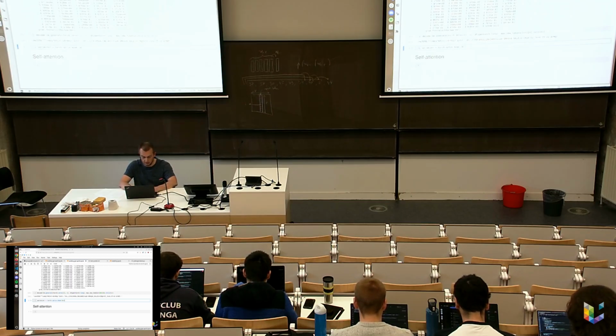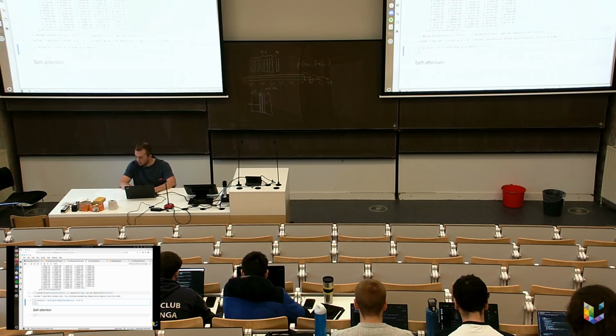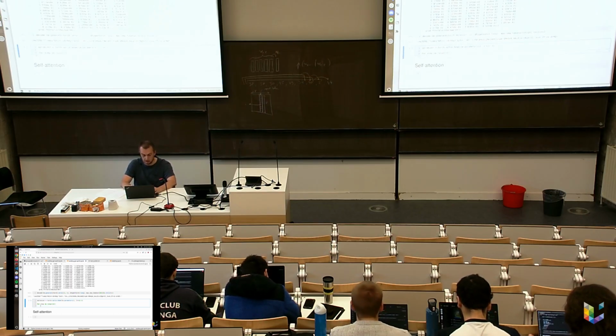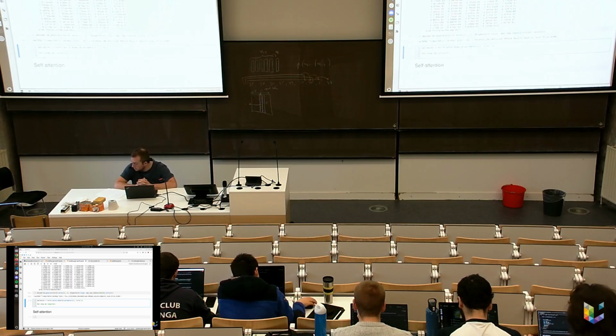Yes, so lm.parameters. I will set my learning rate to some value like this. Then I will have my training loop. For step in range 10. So let's say we just make 10 iterations for now.